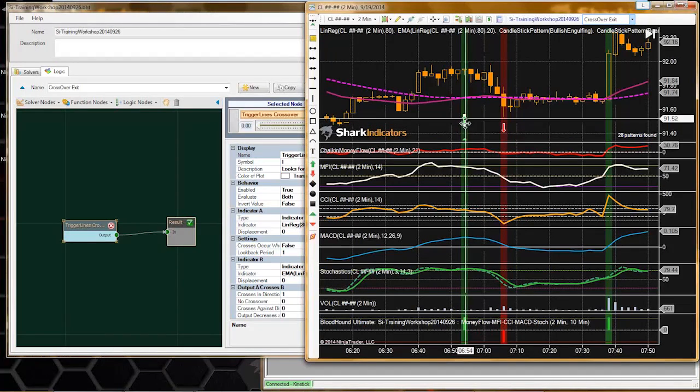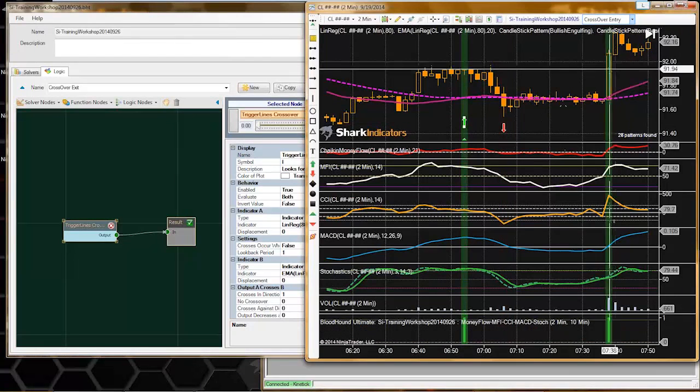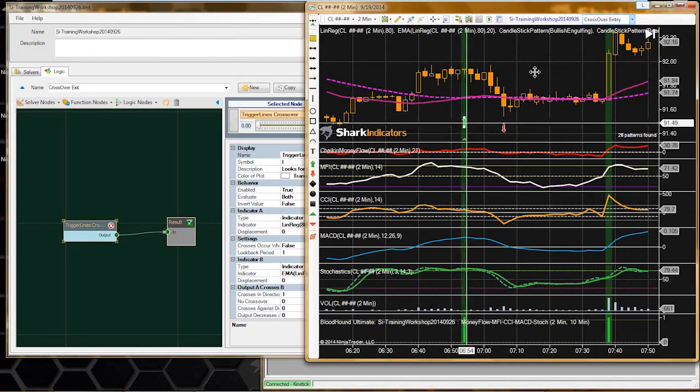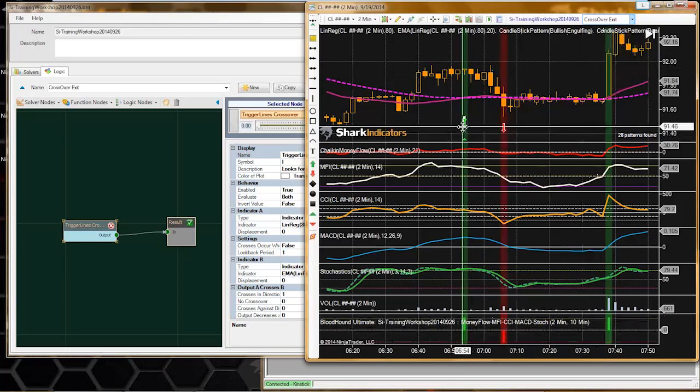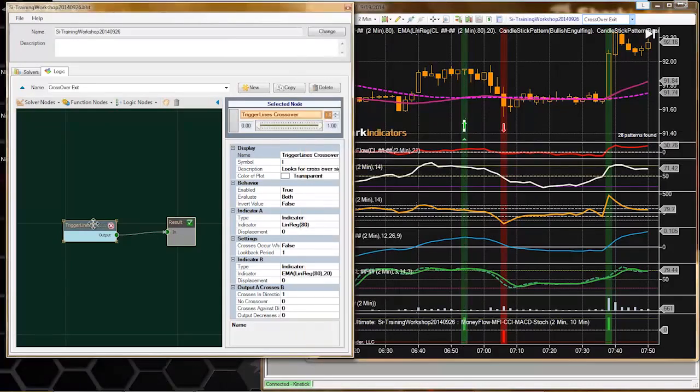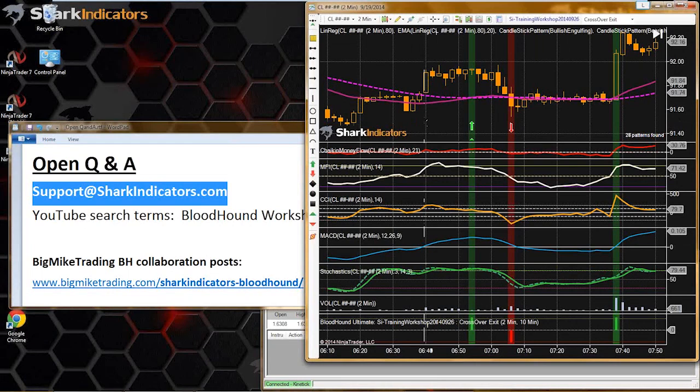But this long signal will not interfere with the long entry. So there's our entry. We can see we have a long signal on the entry and a long signal on the exit. But this long signal on the exit is not going to exit your long position. So you don't have to worry about this long exit signal interfering with anything. So that's simply it there, Ying. It's that simple. All right, guys, everybody, have a good week.